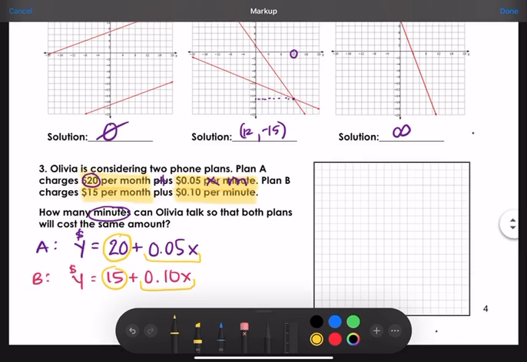So I want to think about these in terms of fractions of how much I'm going to be going up and over. So 0.05 is 5 out of 100, which can be simplified to 1 over 20. So this is really 1 over 20. So I'm going to be going up 1 and over 20. So if I'm thinking about scale, for every 1 I'm going up, I'm going to go over 20, which is quite a lot. So my graph is going to have a tendency to be really wide and stretched out.